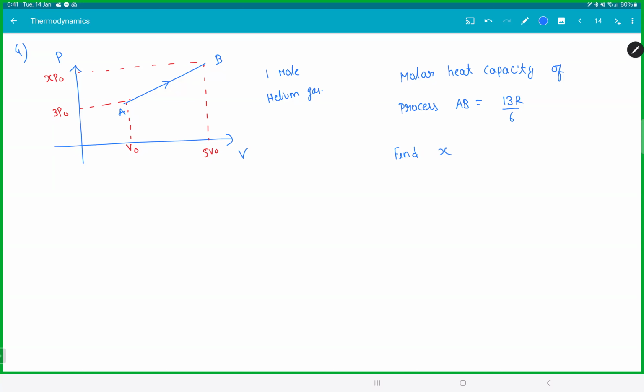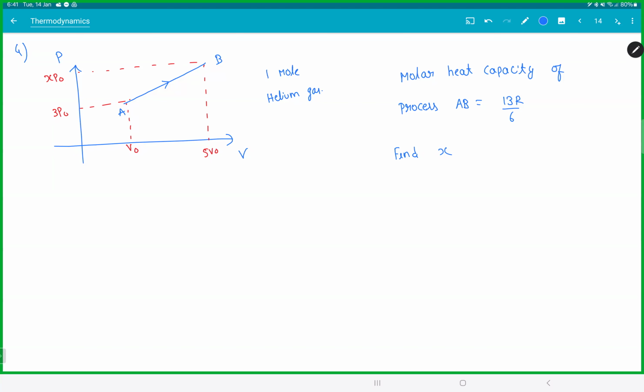So 3P naught, 26R V naught by 3. You made a mess of it. Solve properly, Ray. Don't solve anything you want. You'll get a proper number there. The question is find X, in terms of P naught. Are your dimensions even matching?